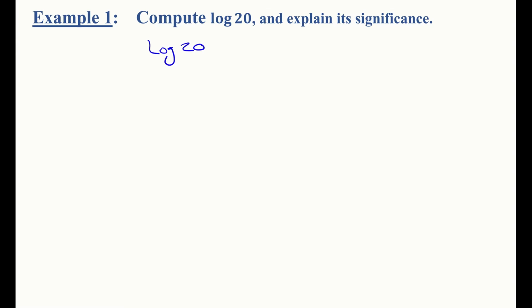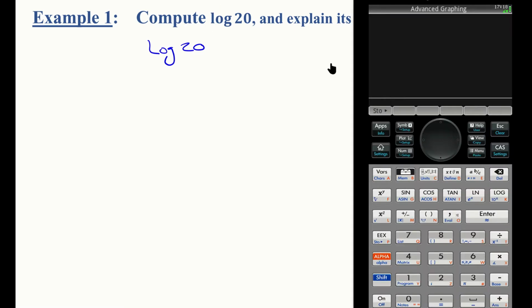If we calculate it on just a regular scientific calculator, because as you know, the power of 10 that gives you 20 is not going to be a nice simple power, we'll need a calculator for that. So here we will just go ahead and push the log button and type 20 and hit enter.